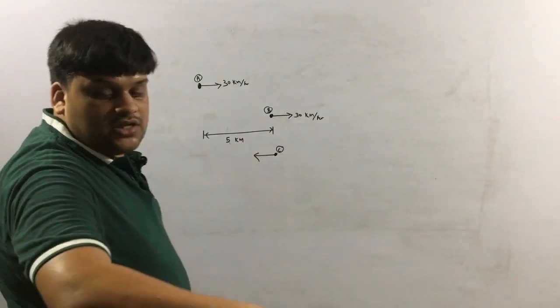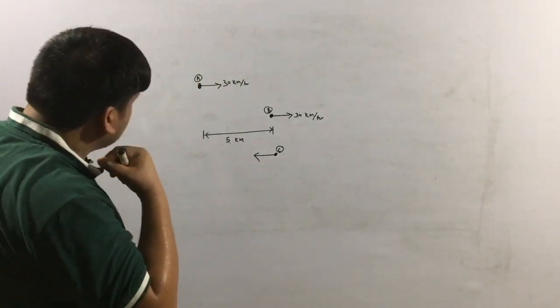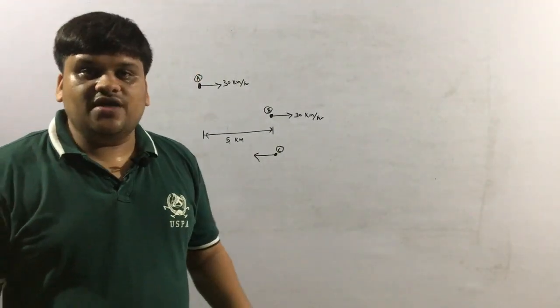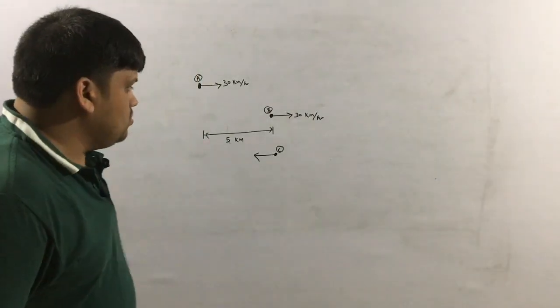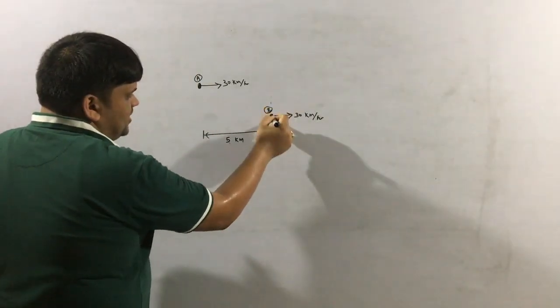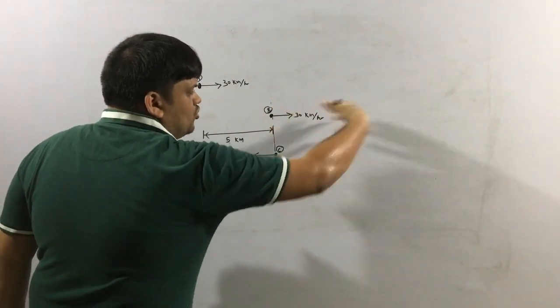This is the question. Okay, now let us solve it by using relative motion. First let us understand between which two objects you have to use the relative motion. That is very important. So here you see this car has already met car B, and B is going to move in that direction.